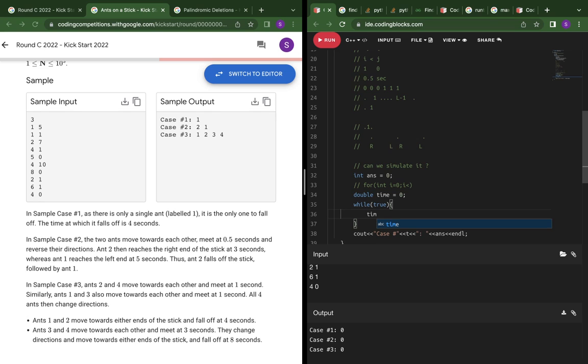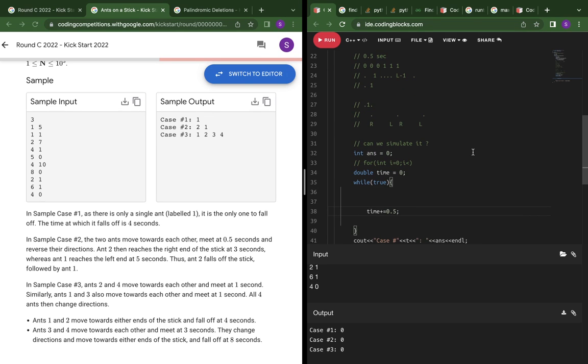So time plus equals 0.5, and so what will be the position of each and every ant? That would be, so the p of I would change. If it is 0 then I'll negate it, and if it's 1 then I'll add it.